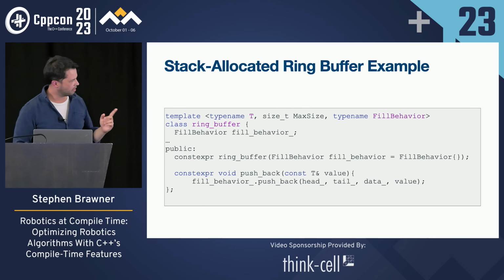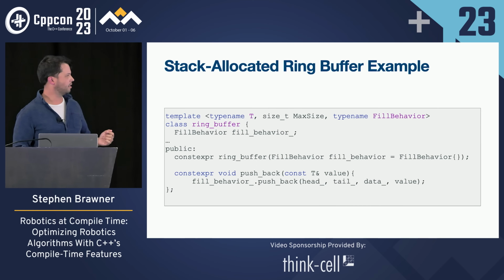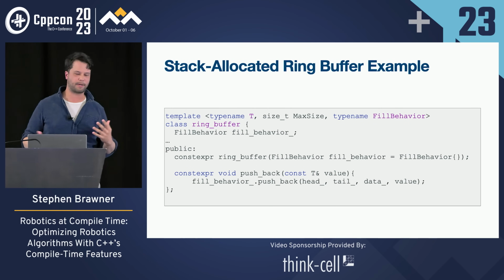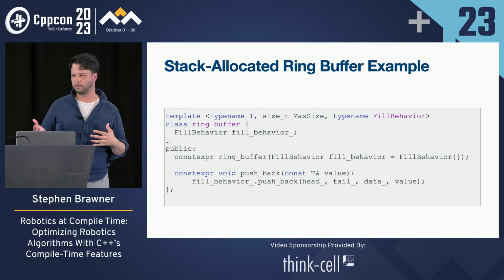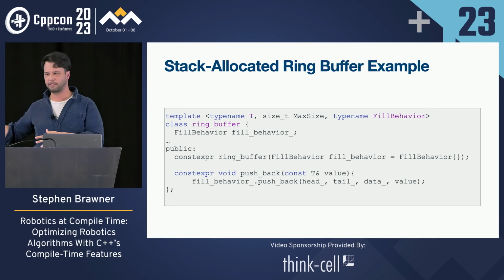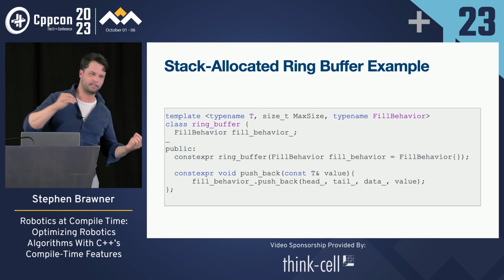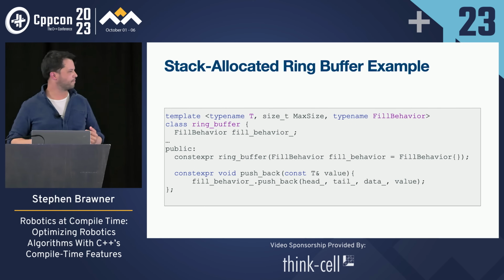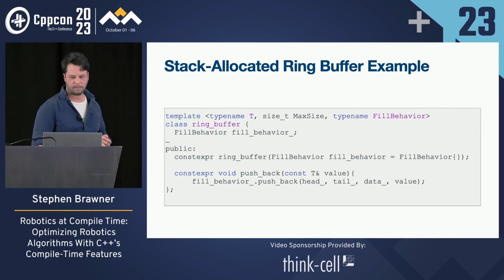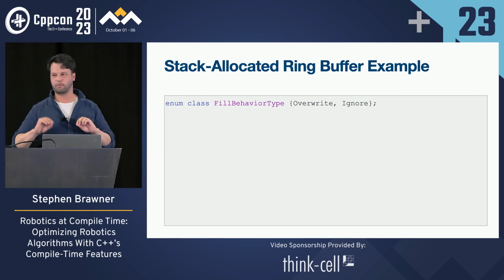The one thing I will say, though, is if you're creating a library class like this ring buffer, the possible number of types that fill behavior could be is open. And so users could potentially hang themselves in this scenario because they're allowed to specify fill behavior. So the guarantee of the ring buffer is dependent on the guarantees provided by the fill behavior. And so for some library types that you add, you might want to restrict the limits of what the user can do.